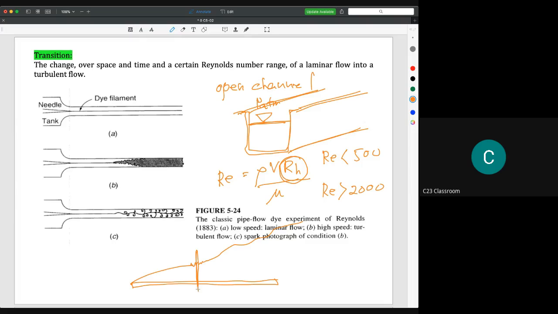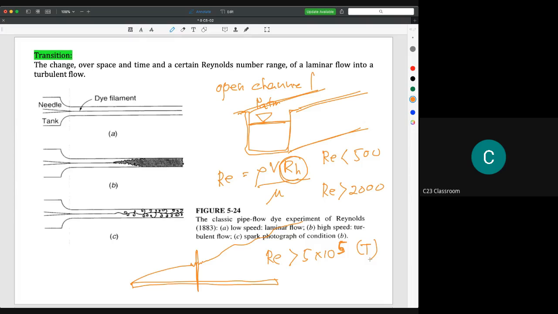So at this point, we neglect the transition region. Then we could say that the region where the Reynolds number is greater than 5 times 10 to the power of 5 is fully turbulent. Less than this, we can consider as a laminar boundary layer.